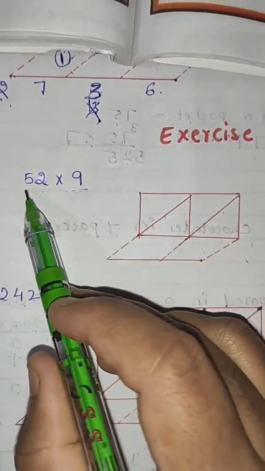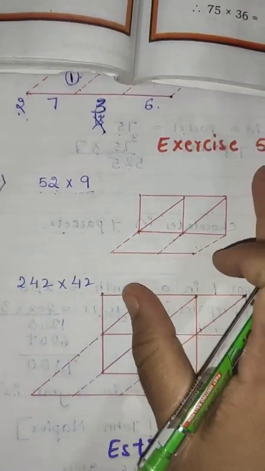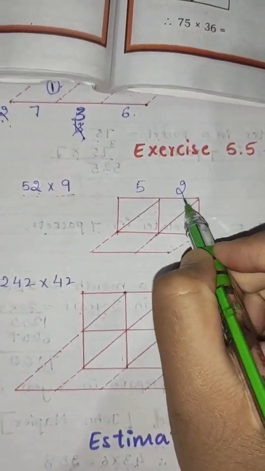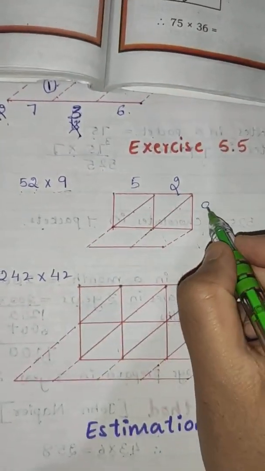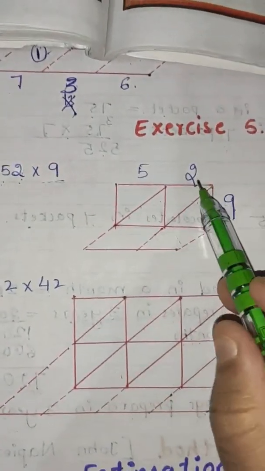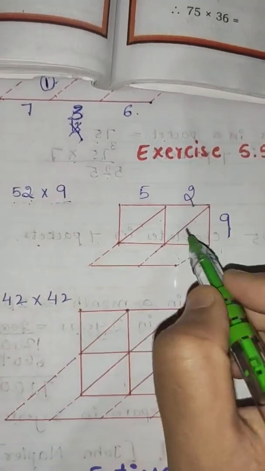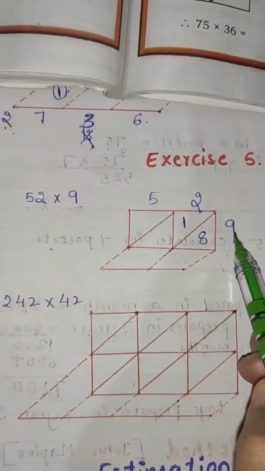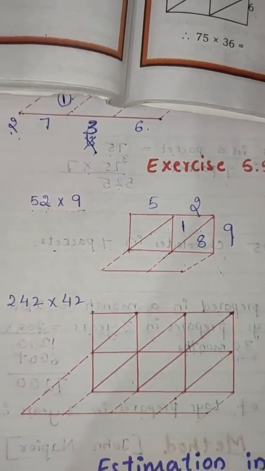Now let's write these numbers over here. 52 we will write above the boxes as the multiplicand, and the multiplier we will write on the right side. Now 9 twos are 18, right? So 1 will be here and 8 should be here. Now 9 fives are 45.